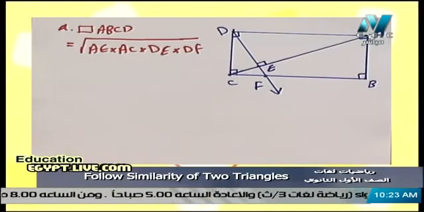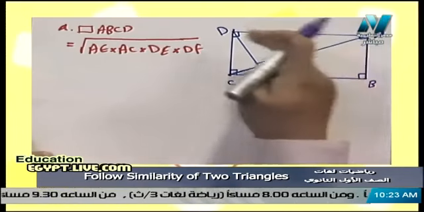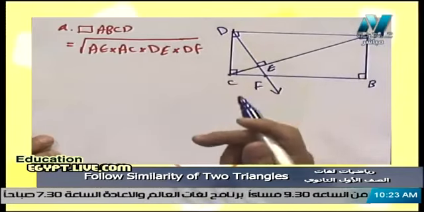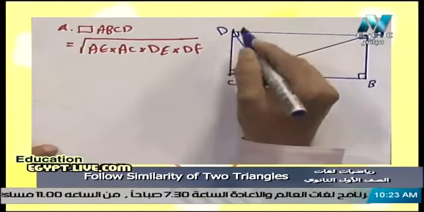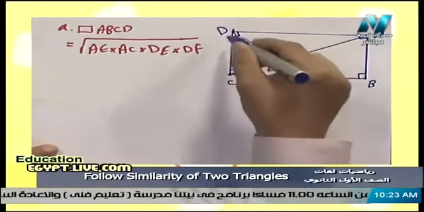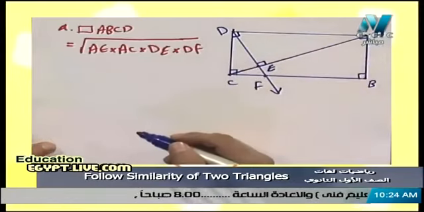First, let's move to triangle ADC. Look carefully at triangle ADC now. We notice that D is a right angle, and from the right angle we draw perpendicular DE to AC.